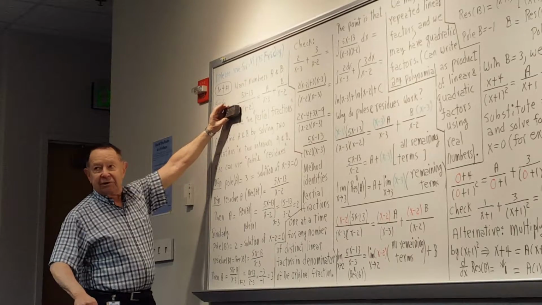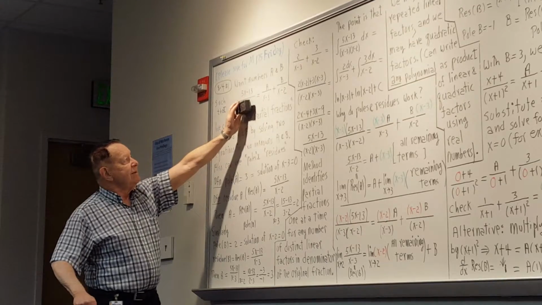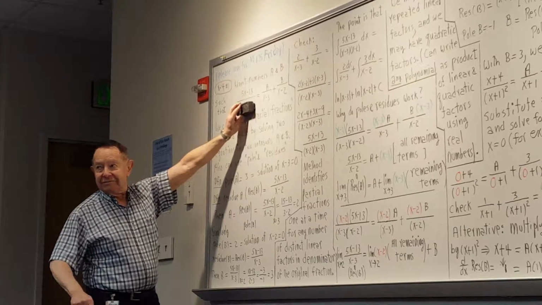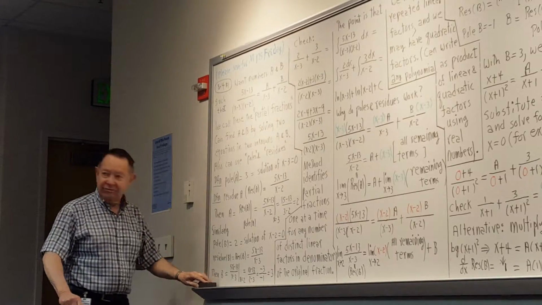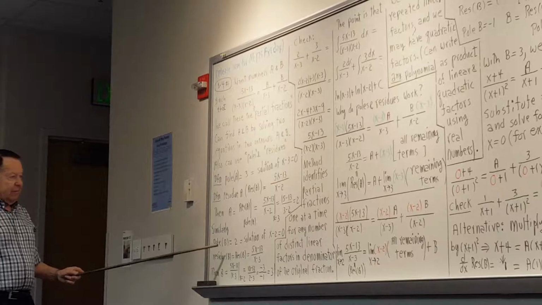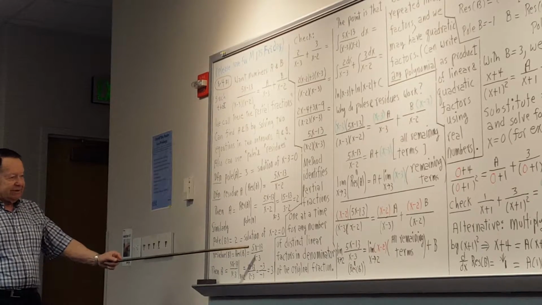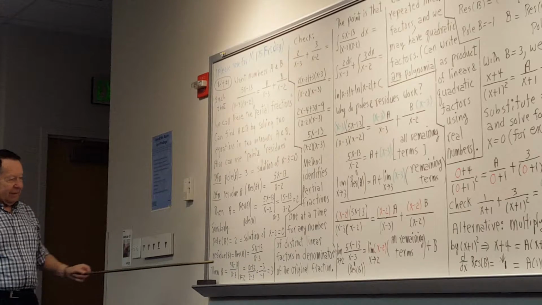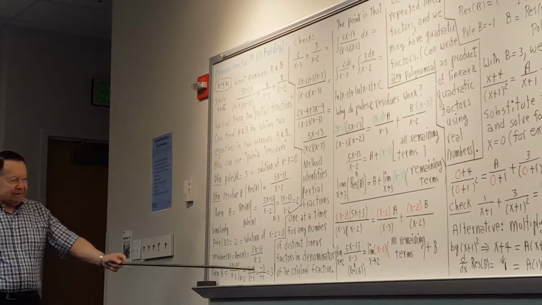The residue is what you see. And then if you want the residue for B, cover that one up, and the residue is what you see. You can look at it that way if you want. And so pole B is 2, and the residue is what I have here, and then B is the value of the residue at the pole, so it's 3.